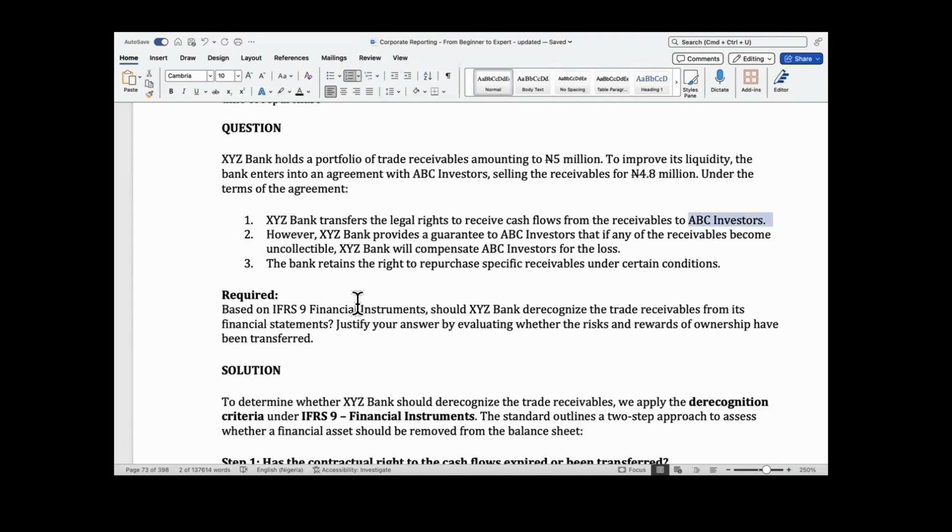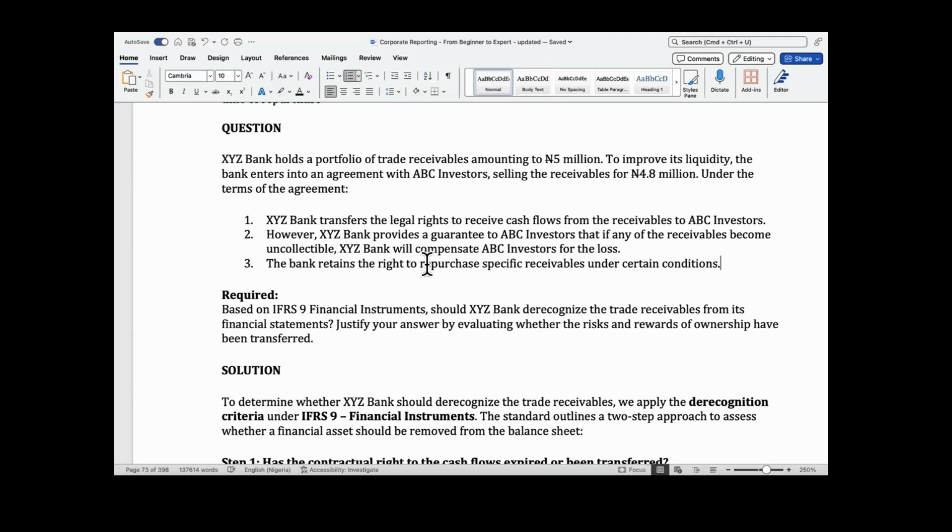However, XYZ Bank provides a guarantee to ABC investors that if any of the receivable becomes uncollectible, XYZ Bank will compensate ABC investors for the loss. The bank retains the right to purchase specific receivables under certain conditions.